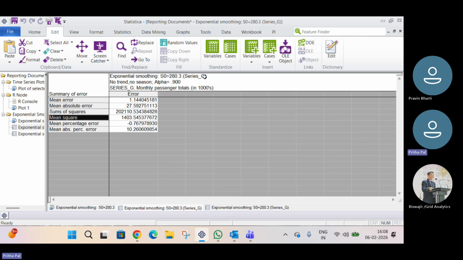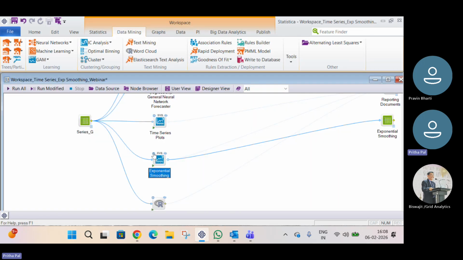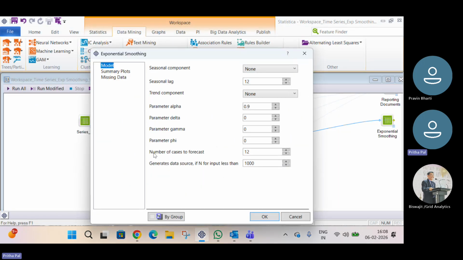So if you take note of this, we can again verify what the scenario will be for the second exponential smoothing. For the second exponential smoothing, the seasonal component will again be none. Seasonal lag will be 12 because we have 12 months for each year. Here the trend component will be linear, as from our data we have seen that the trend is linear in nature.